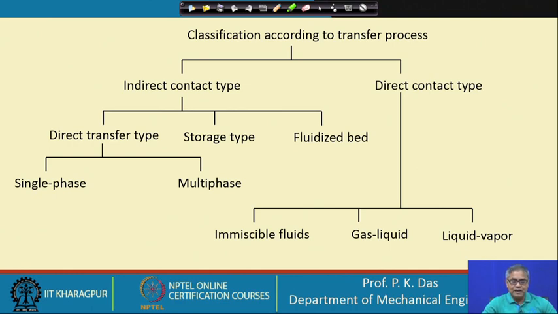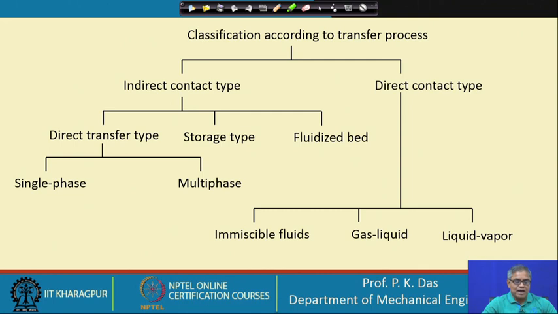Here we can see that the fluids can come in direct contact with each other, which we call direct contact type, or they may not come in direct contact. In between there could be some other medium, be it a solid, a flowing liquid, a phase change medium, or solid particulates. Whatever it may be, that is indirect contact.